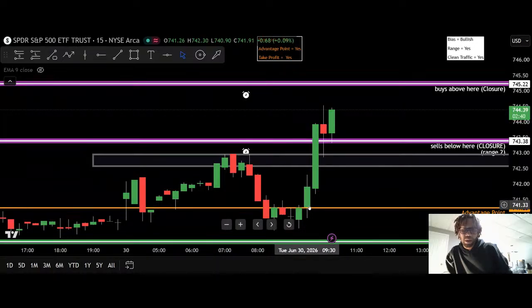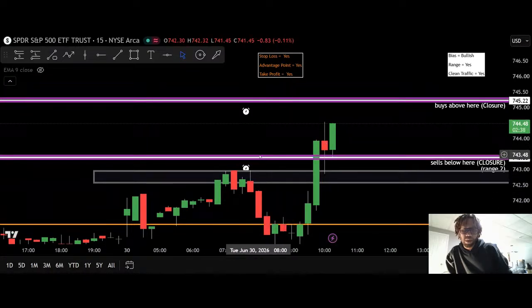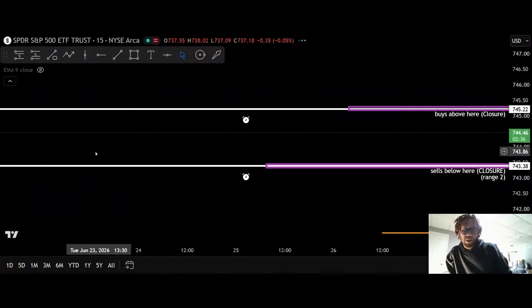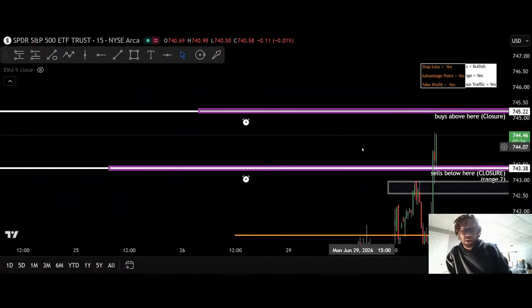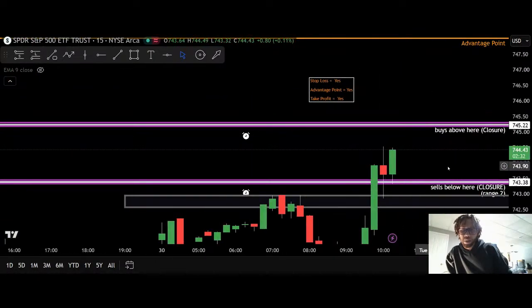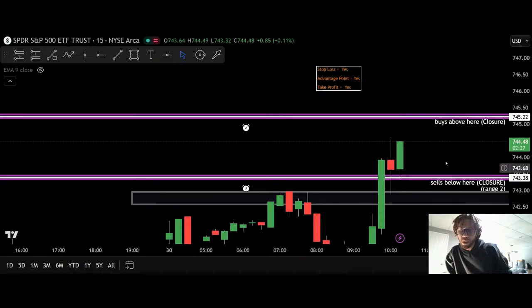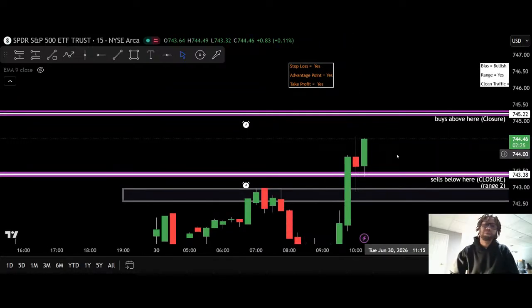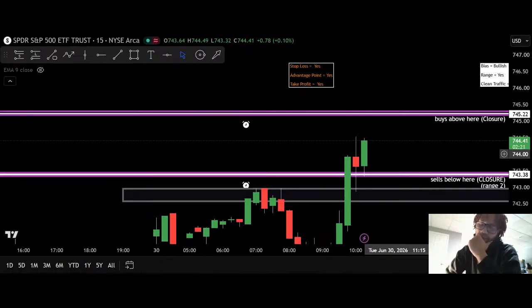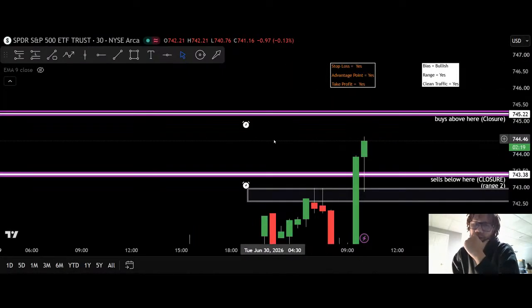Okay, buyers step in at the open. First up, close above this support level here. Sellers try to step in, were unable to retest, break the highs, price pushing up. Previous candle, no top wick.